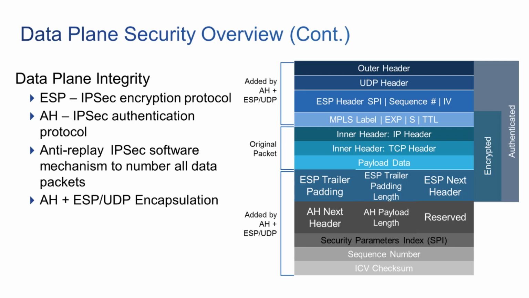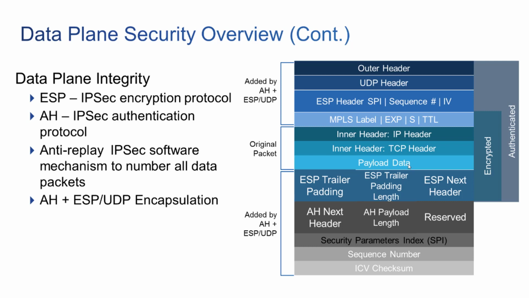Now, if I run ESP with just UDP encapsulation, the outer UDP header, this box right here and this box right here, are not going to get authenticated. Only the ESP, the internal ESP header, the sequence number, MPLS label, those things are going to get authenticated, and of course the encryption is still going to be applied.